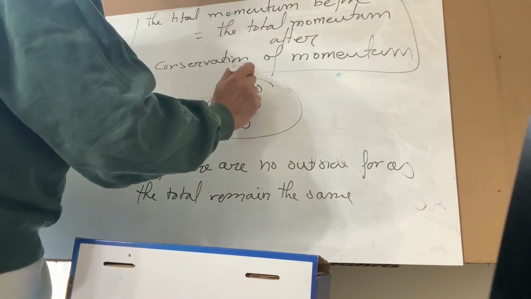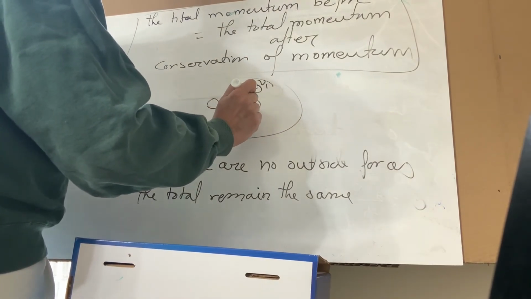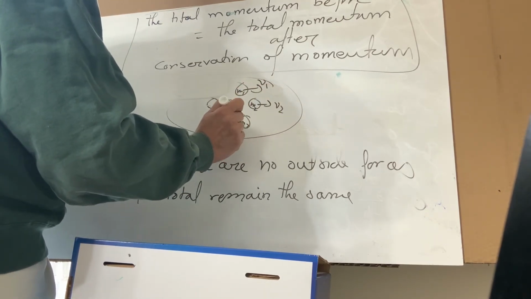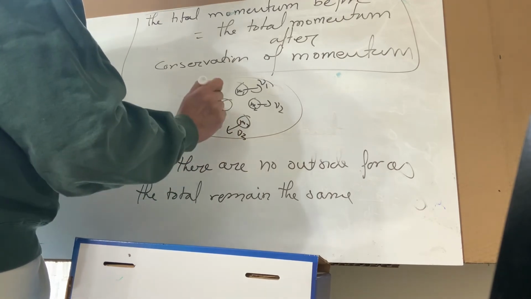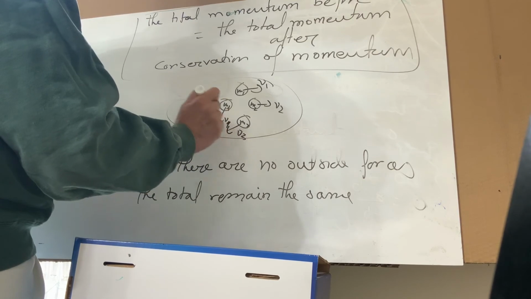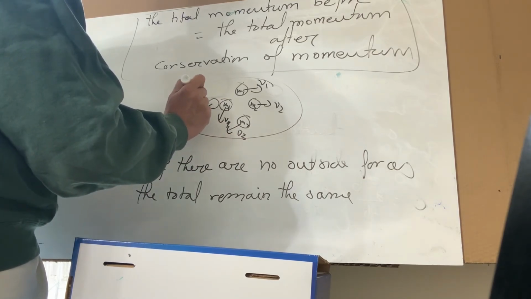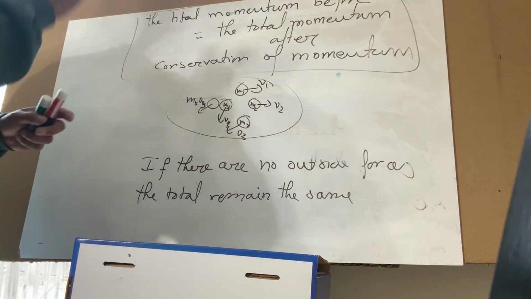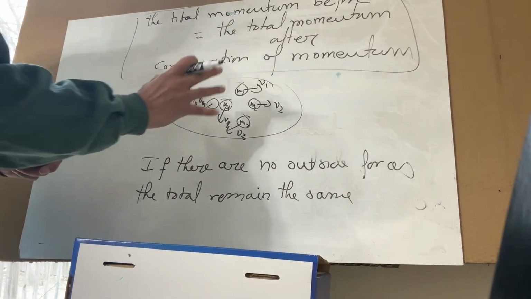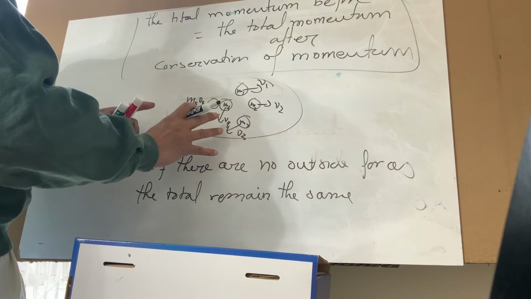For example, this is m1 moving with a velocity v1, this is m2 moving with a velocity v2, this is m3 moving with a velocity v3, this is m4 moving with a velocity v4, and so on, m5 moving with the velocity v5. If there are no outside forces, the total momentum is conserved. That means the total momentum will always be the same.